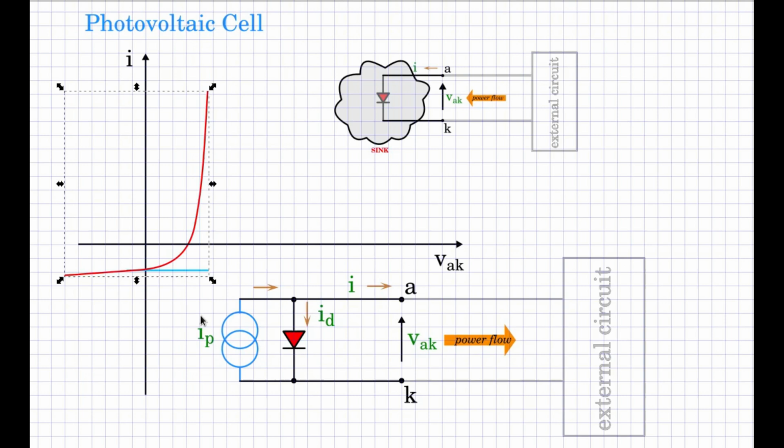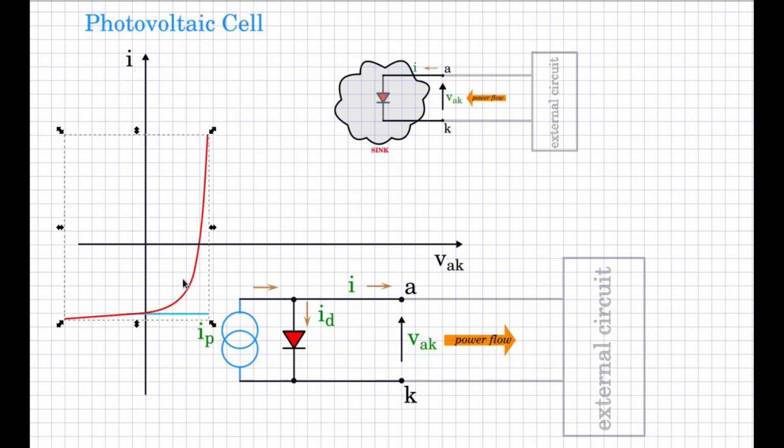The higher the incident solar power, the more the characteristic will shift towards the fourth quadrant. So any operating point on this part of the curve would mean that the photovoltaic cell is operating in the generating mode.